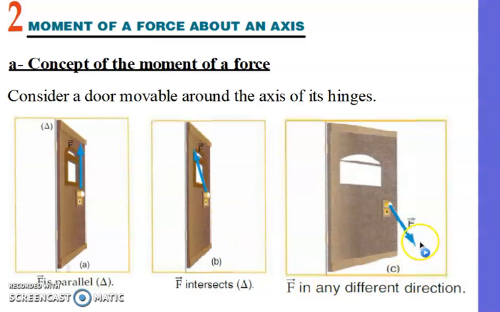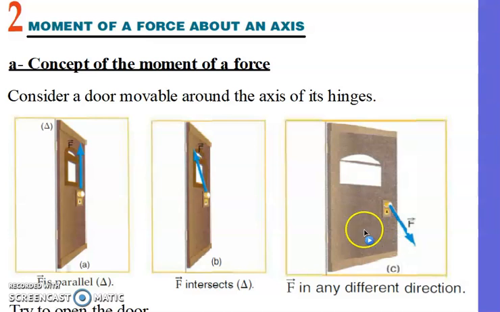Now let us apply the force F as shown here in figure C, which is neither parallel to delta nor intersecting delta. Here F is known as skew with delta, non-coplanar with delta. You know, in this case, the door opens or closes, right?